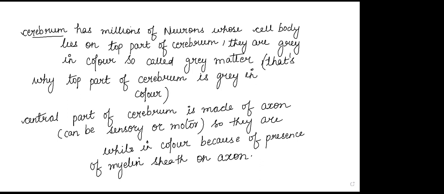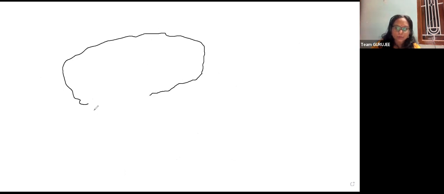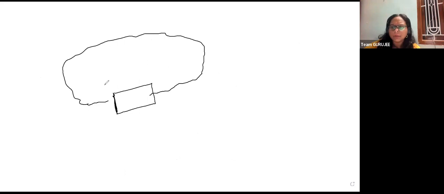Yes, ma'am. So now you just understand this cerebrum. That is your top part, your forebrain. Now your forebrain is here and your third ventricle is here. Ma'am, this is forehead you're drawing, ma'am. Yeah, forebrain.